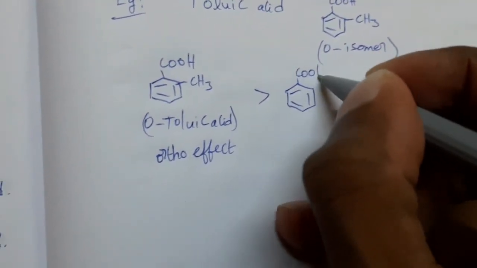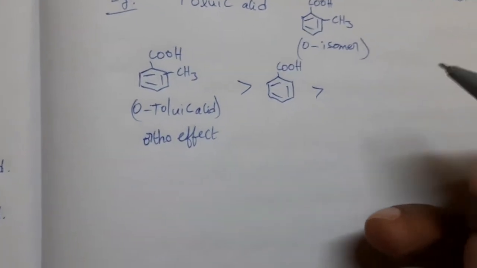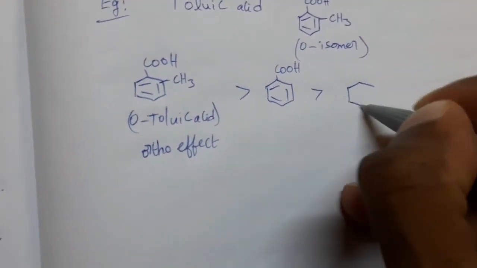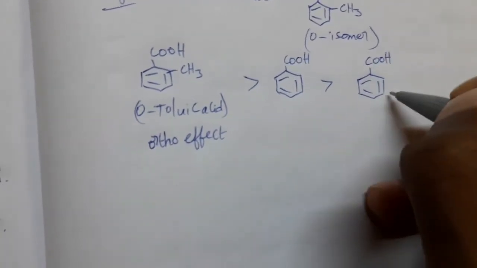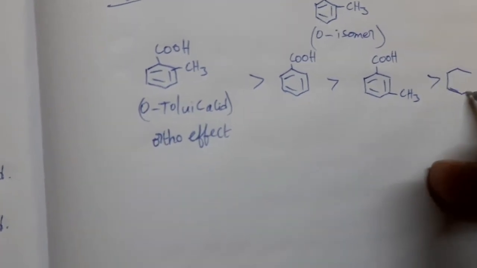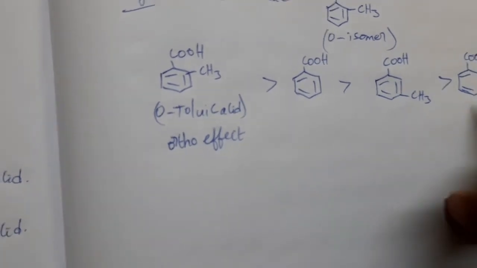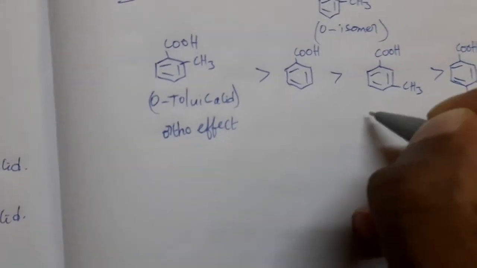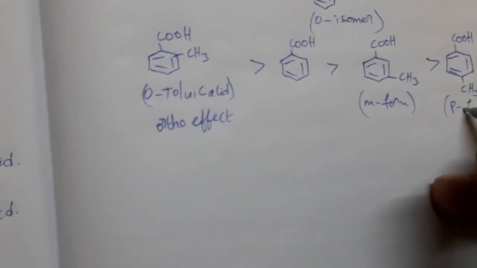Between meta and para isomer, para has the least acidic nature. This is meta form. This is para form.